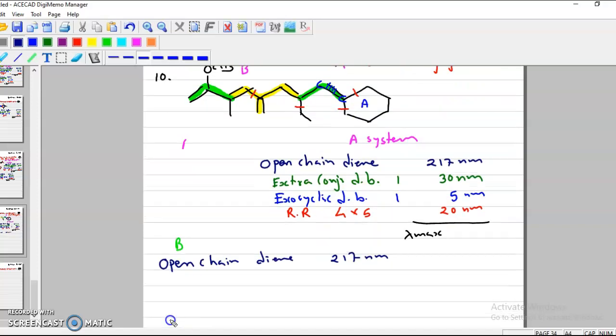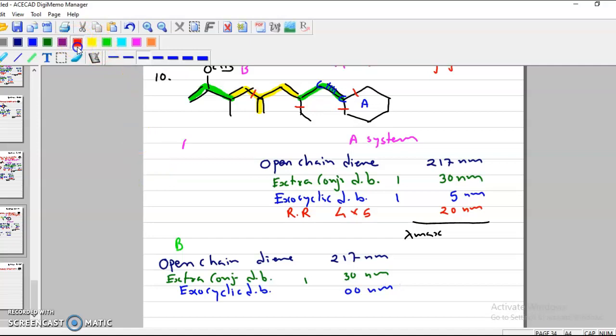Then we will take the extra conjugated double bond. Yes, there is only one extra conjugated double bond. For that we will add 30 nanometer. Okay, then exocyclic double bond. Well, there is no ring, so no exocyclic double bond, 0 nanometer for this one.